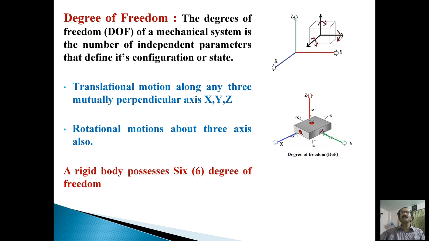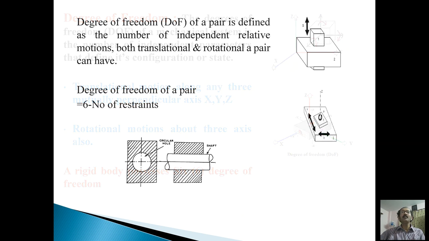A rigid body possesses 6 degrees of freedom. Now, degree of freedom of a pair is defined as the number of independent relative motions, both translational and rotational, a pair can have. So, the degree of freedom of a pair is nothing but 6 minus the number of restraints.